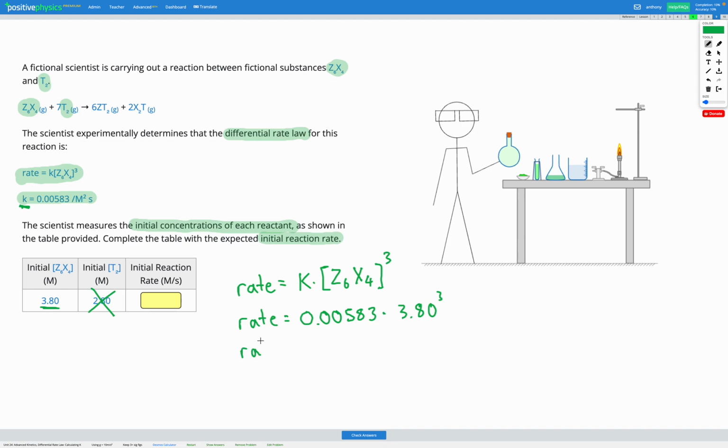So if we put that into our calculator, that's going to get us a rate of 0.320 molar per second. Let's check that answer here. Awesome. So this one's really simple. To find the rate, we just plug in our numbers for the rate constant and any initial concentrations that we've been given to figure out what the rate's going to be.